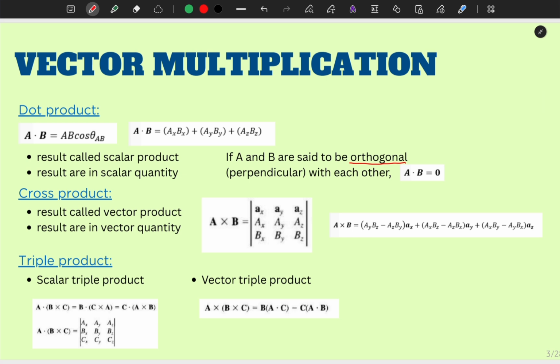The cross product produces a vector quantity and is commonly used to find torque and magnetic force direction. The result of cross product will be in vector quantity. There are two types of triple product, which are scalar triple product and also vector triple product. Both of these equations can be seen below.